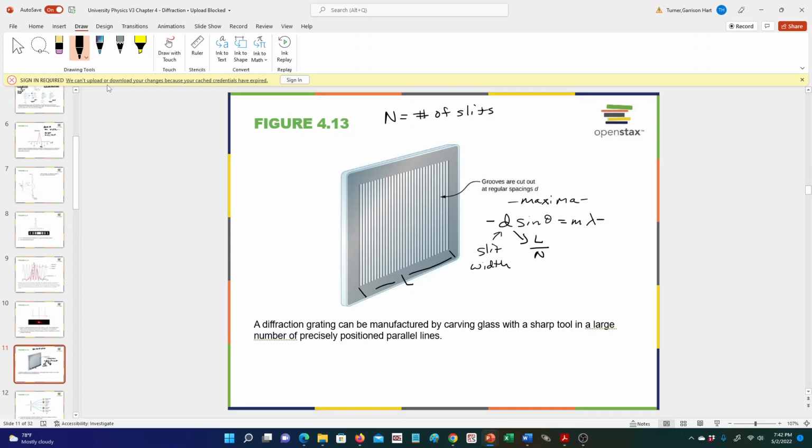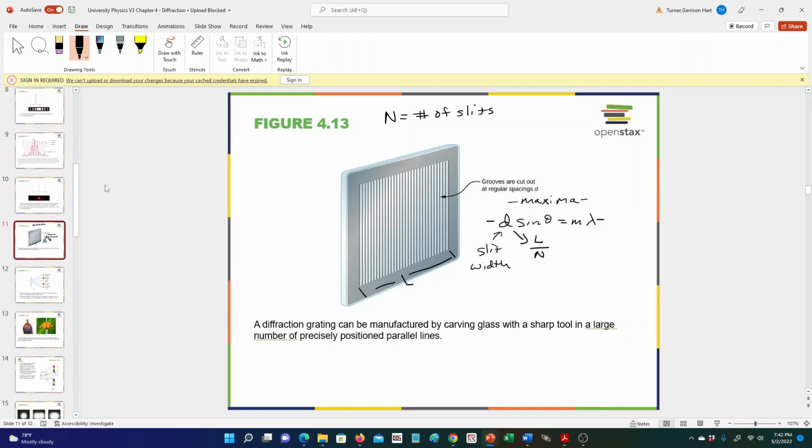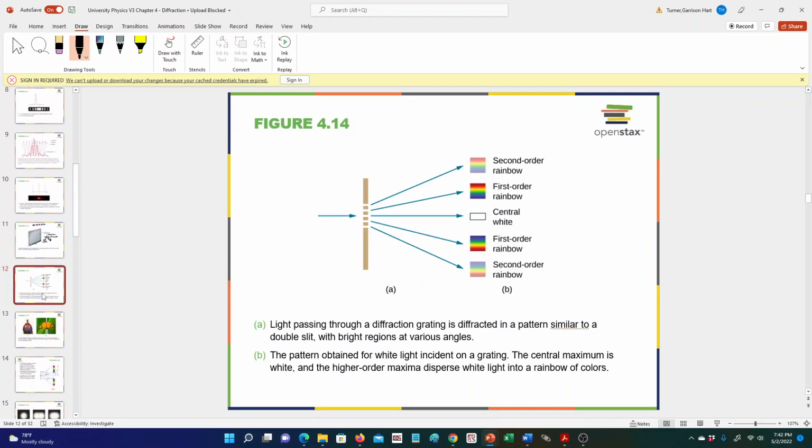Now, this is for monochromatic light, but what happens if your light source is not monochromatic? What happens if you have a white light source? Well, when you shine white light through multiple small slits, what you get is, at the very center, all of the light has combined to keep the light white.